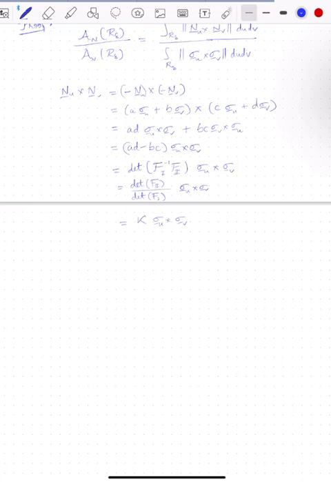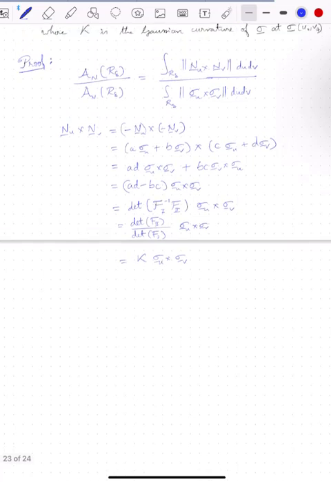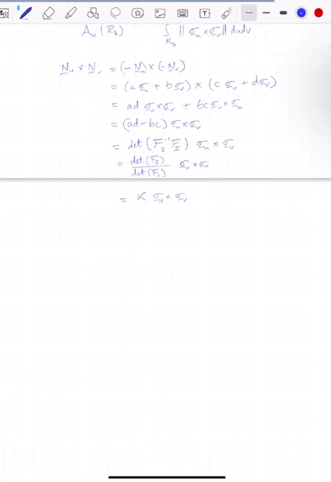Now we put this expression in the above expression. So we have the area of n of R delta divided by the area of sigma of R delta equal to the integral of the absolute value of K, because the norm can just come out.